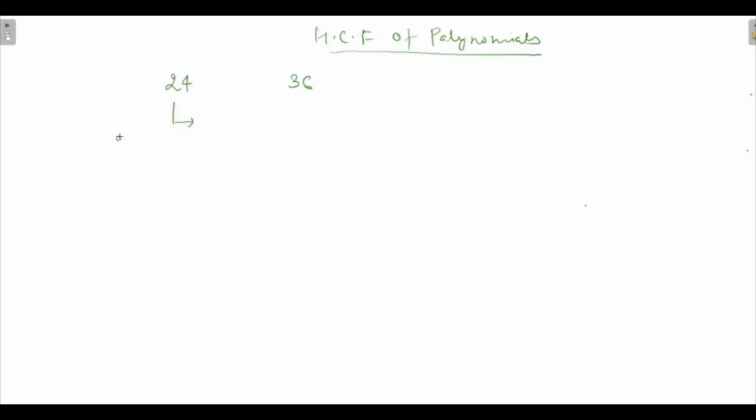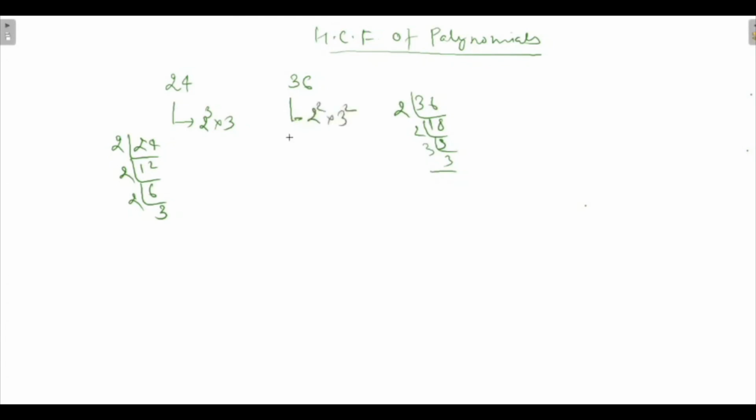We start with 2 and get 12, then again we get 6, then we get 3. So this is 2 to the power 3 into 3. And 36 again, we start with 2, we get 18, then 9, then 3. So what we get here is 2 square into 3 square.